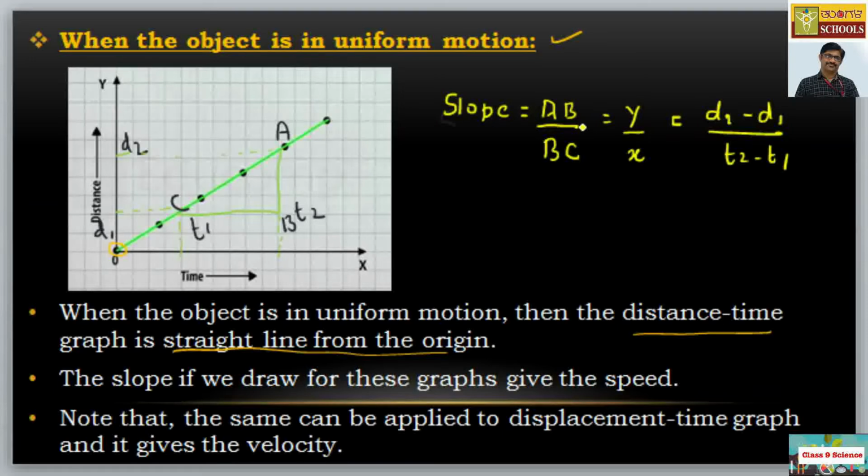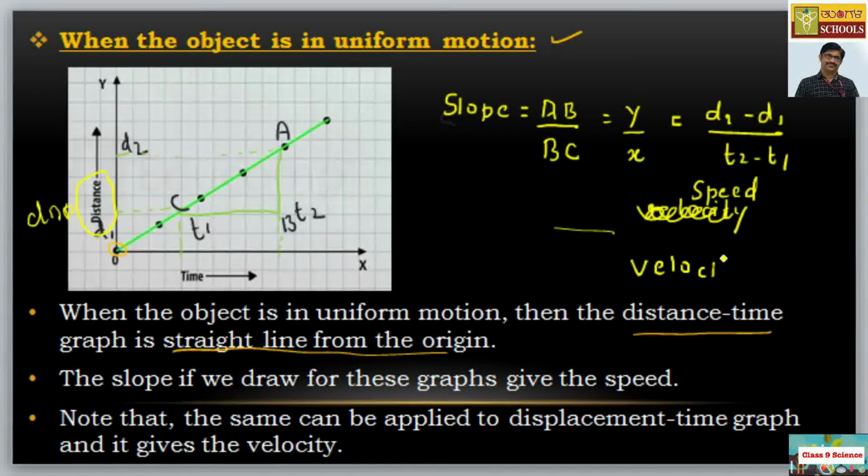This gives you the variation in the distance by time, that gives you velocity. This is how we are plotting the graph. Here in this case, that gives you speed. If instead of distance you use displacement, then that gives you velocity.